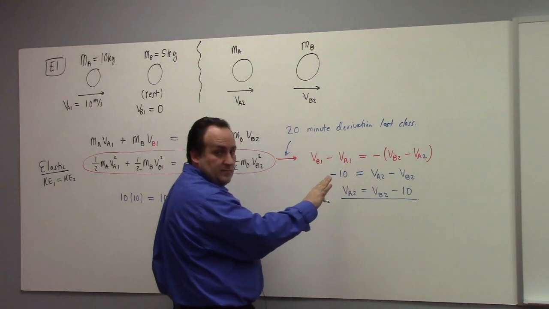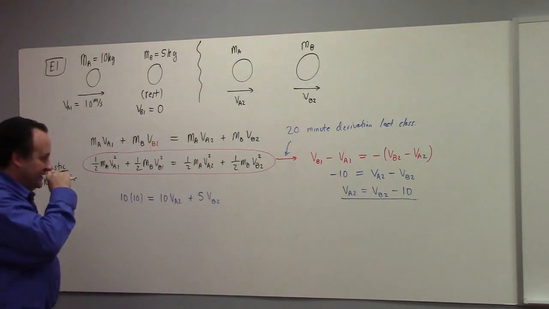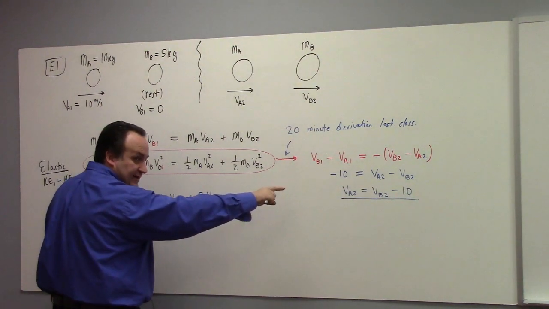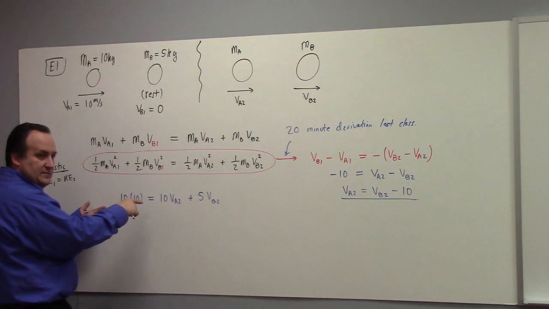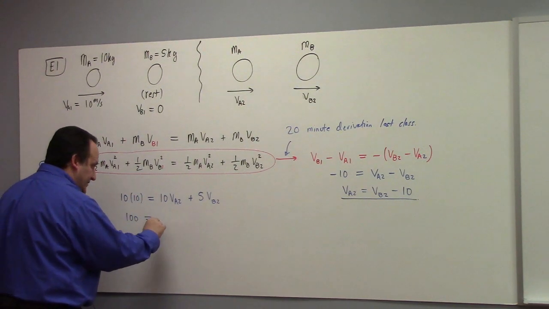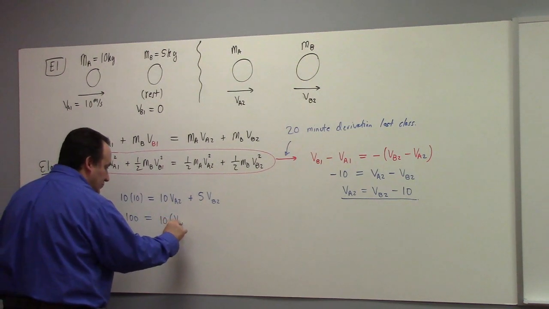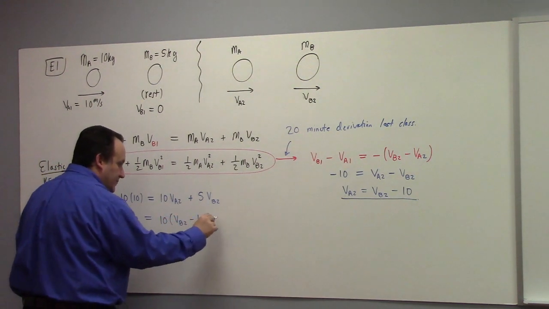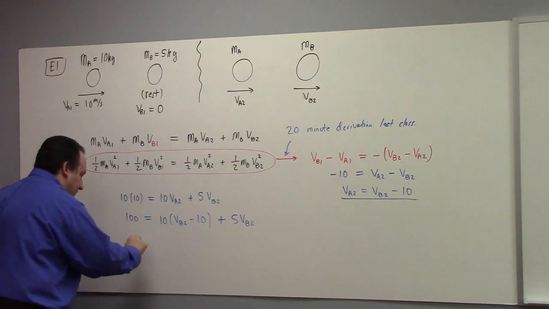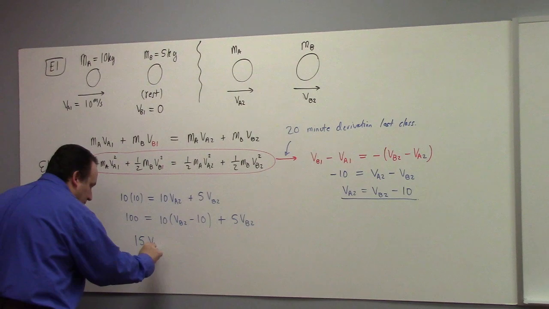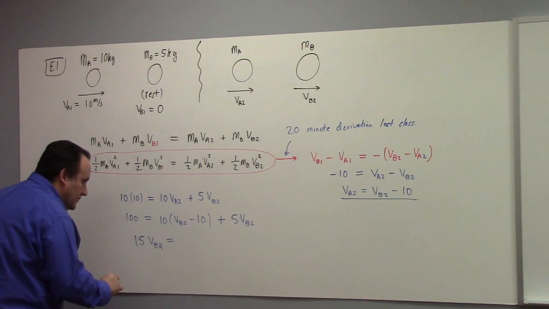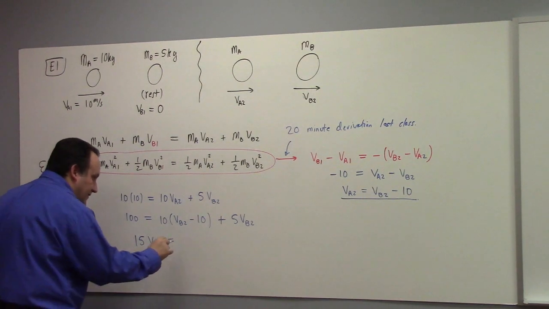So are we good? What can I do? I can substitute that equation into this equation. What does that give me? 100 equals 10 times VB2 minus 10 plus 5 VB2, which gives me 15 VB2 equals 200.